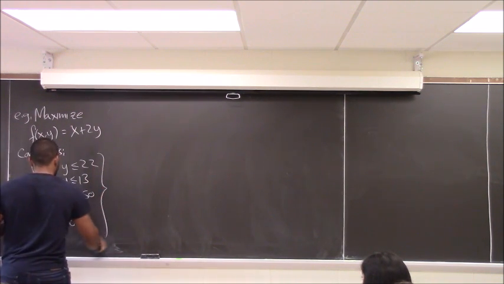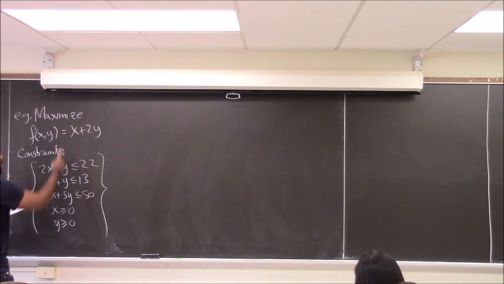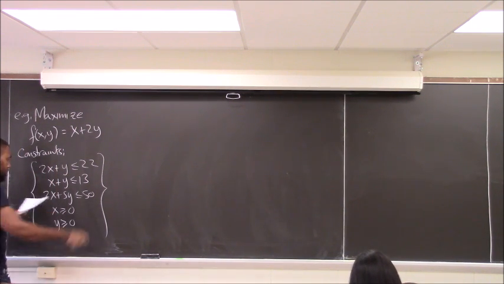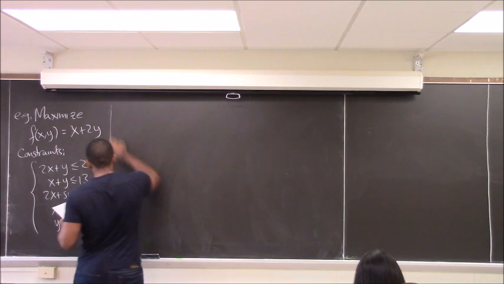So these are the constraints. That's the function I care about, called my objective function. I want to maximize it given that these criteria are true.